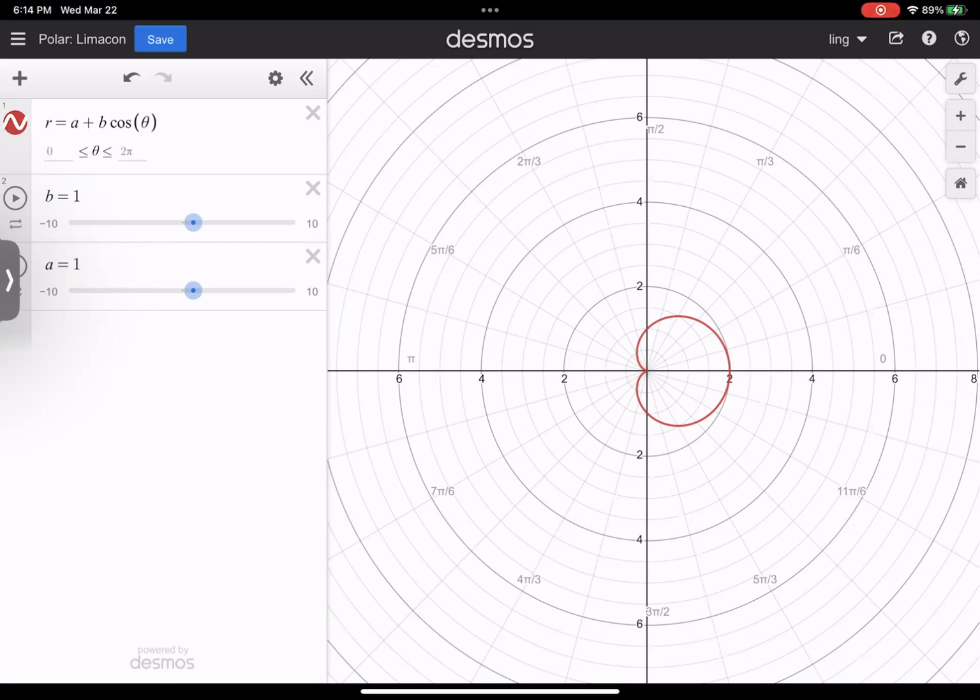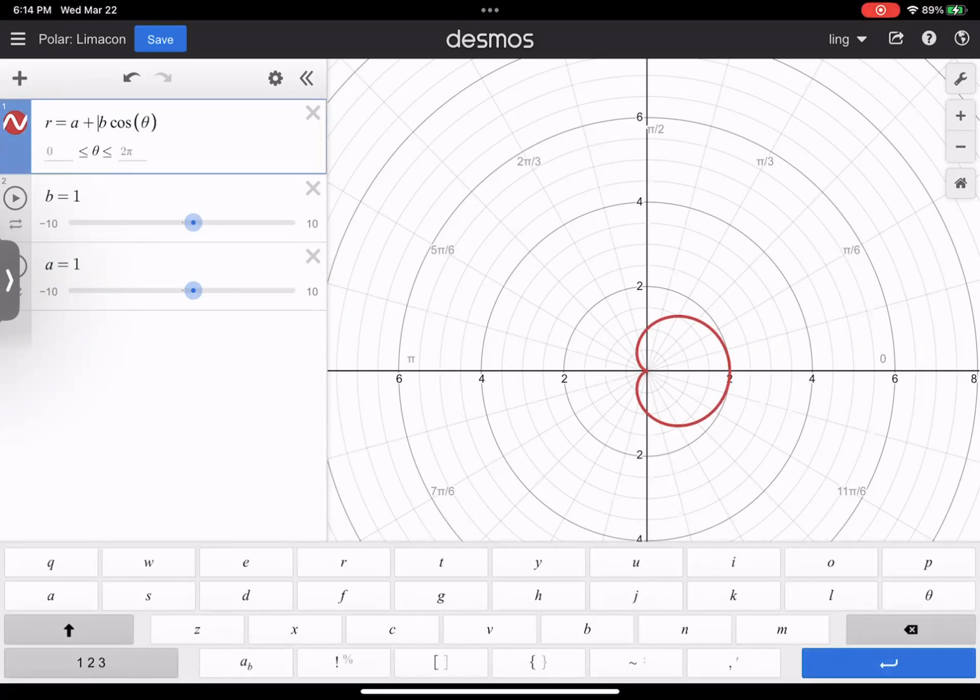Heart-shaped. This is called a cardioid, right? And here you see it's cosine. That means when theta is 0, you reach to the right. That's your diameter location. And this is plus B, right?